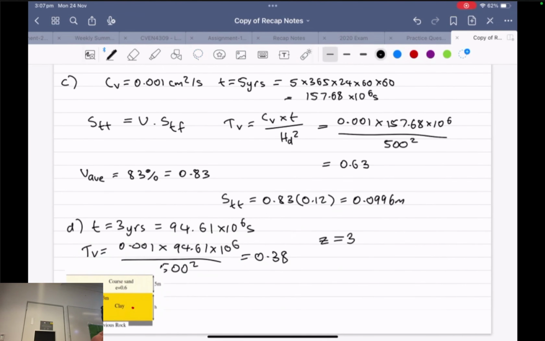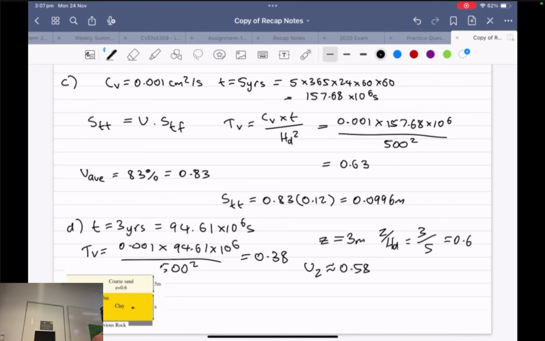So Z is 3 meters into the clay layer, and so your Z on HD is equal to 3 on 5, which is 0.6. And when you use the isochrone graph using Z on HD and TV, you get a UZ of approximately 0.58.